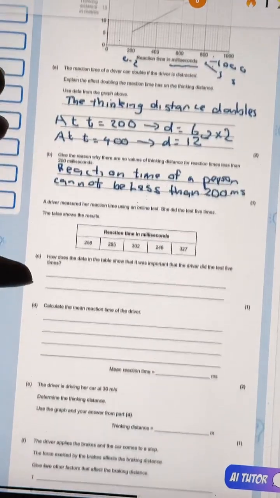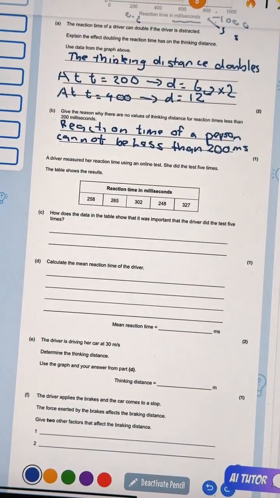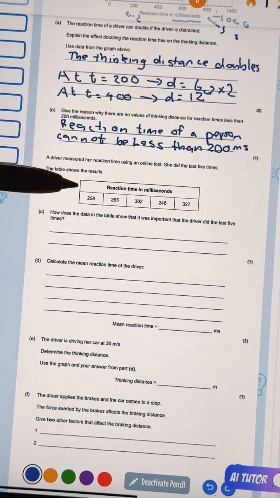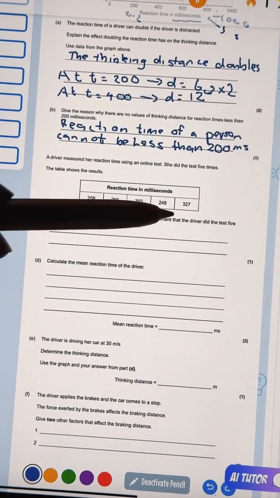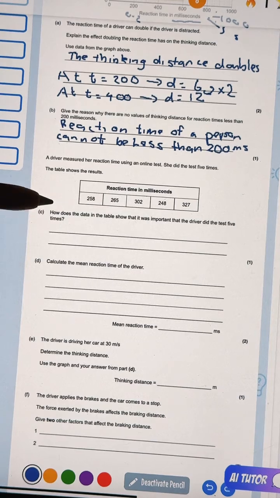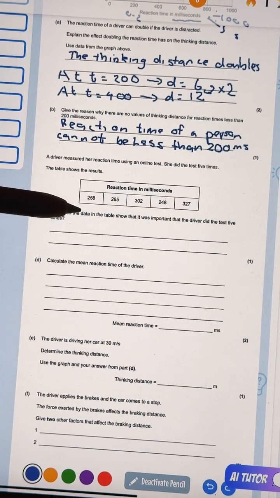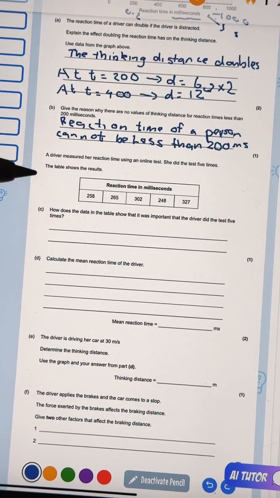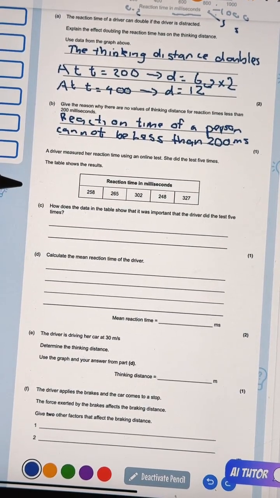So, the driver measured her reaction time using an online test. She did the test 5 times. The table shows the results. So you can see the variance in the different results that she got every time she did it. How does the data in the table show that it was important that the driver did the test 5 times? Because what are you noticing with the values there?